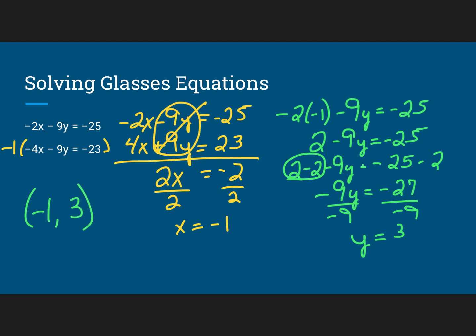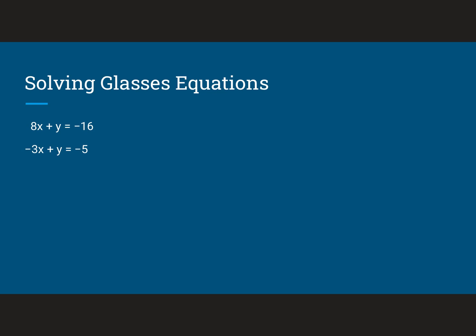Okay, let's try another. Again, you'll notice here that my y's both have a positive. So I'm going to need one of them to become negative in order for me to be able to eliminate them. So I'm going to multiply the bottom equation by -1.